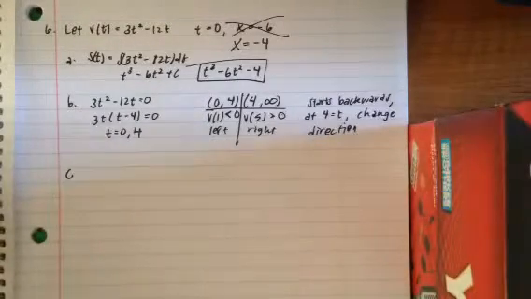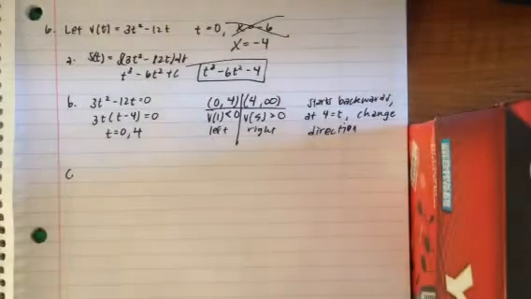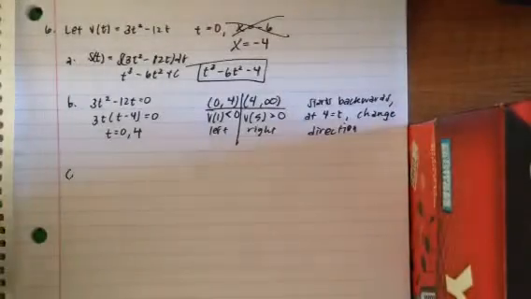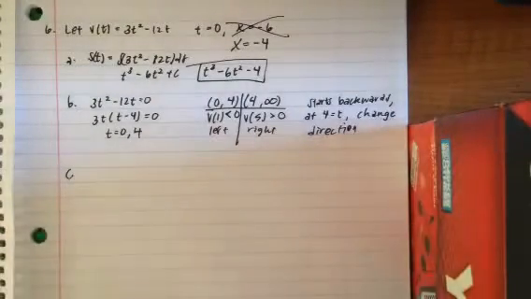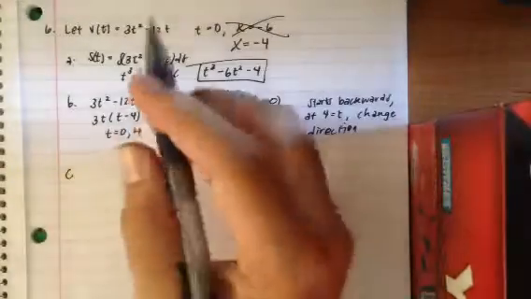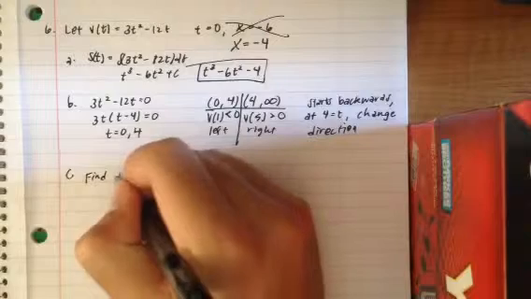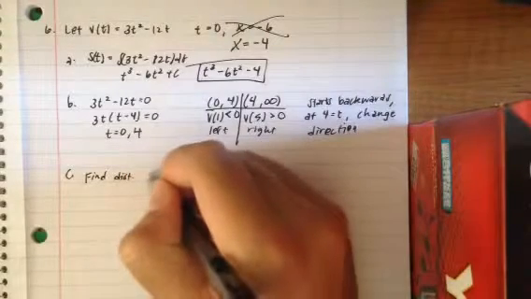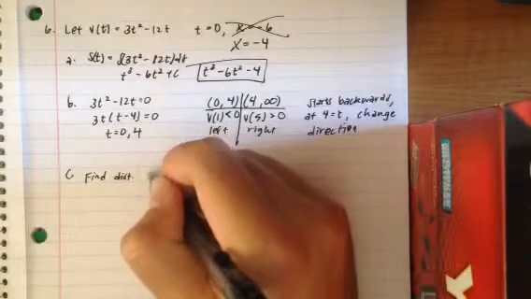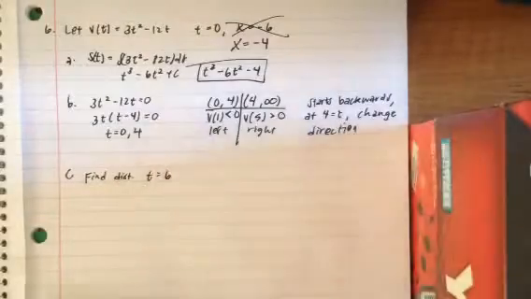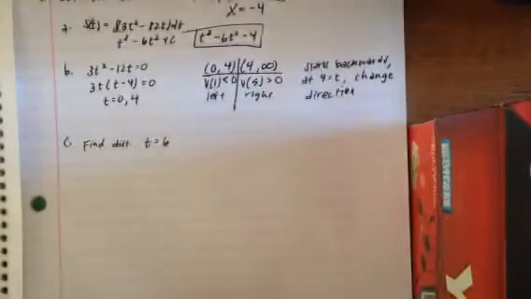Now for C, let me see, okay, it says find the distance traveled in 8 seconds, I'm just going to change that to 6, so find distance traveled when t equals 6.